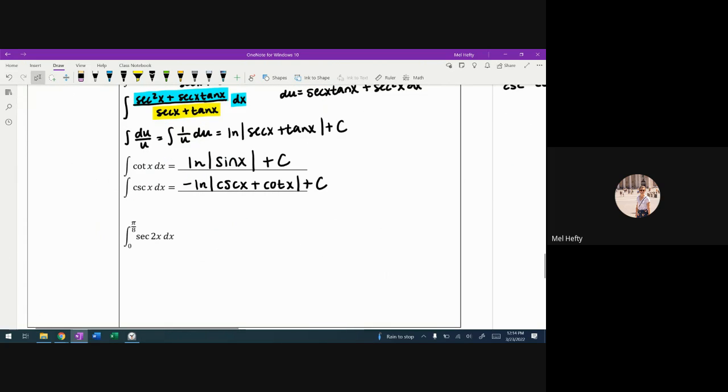Here's how you would use this. So we're just going to plug in. We're not going to actually evaluate the trig. Would this question need U-sub, secant of 2x? Why would it need U-sub? Because 2x, that would be my u. So my du would be 2 dx. And I'd move the 1/2 to the other side.